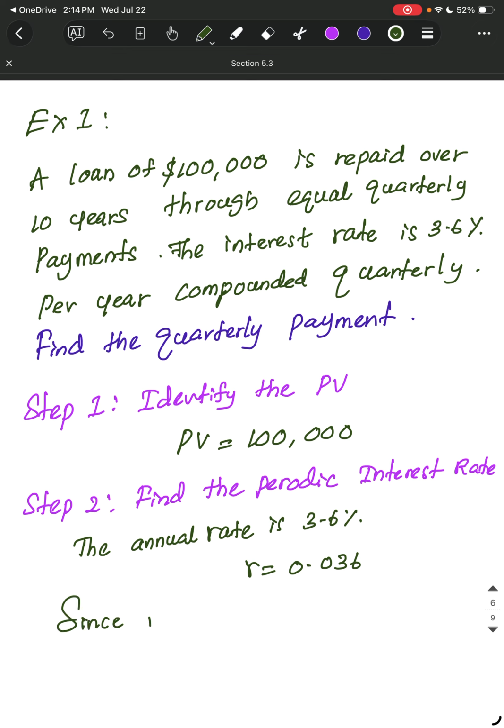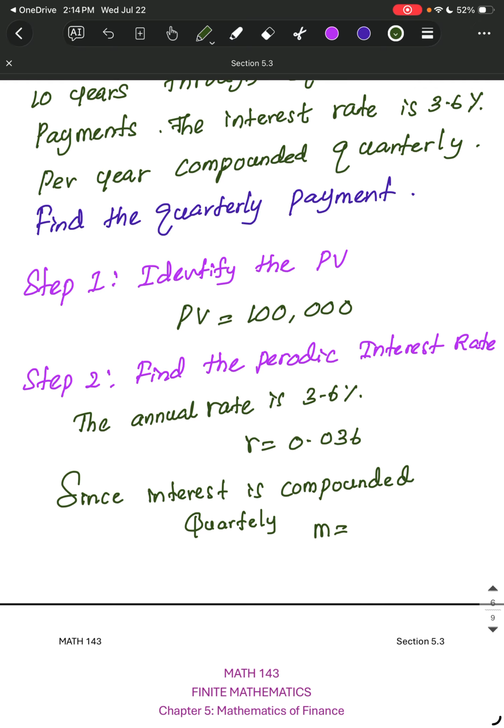Since interest is compounded quarterly, m equals 4. Therefore, i equals r over m, 0.036 over 4, which is 0.009, the interest rate per quarter. Okay, then let's move forward.